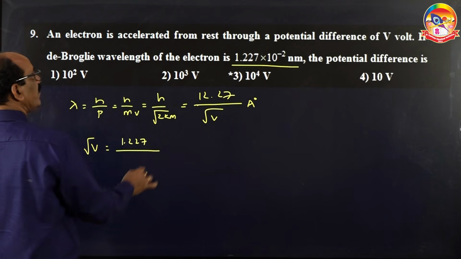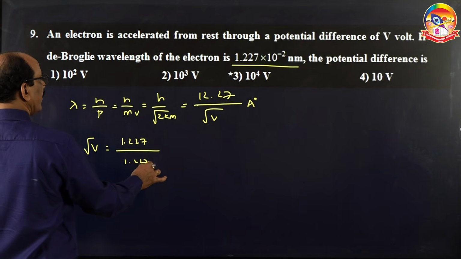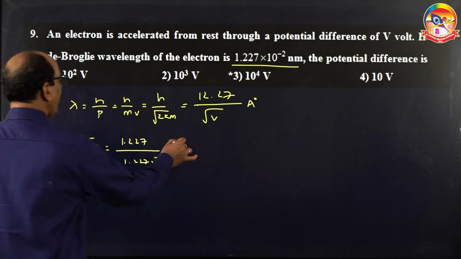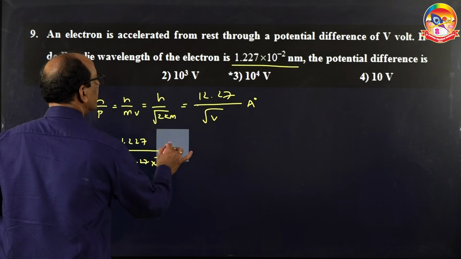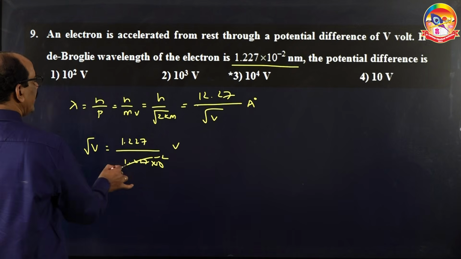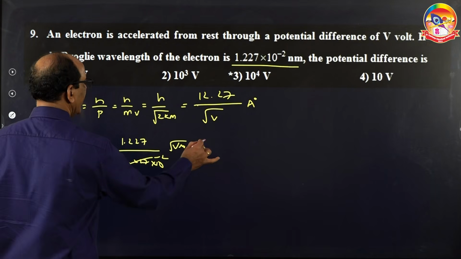by the wavelength, which is given to be 1.227 times 10 power minus 2 nanometer. So we get it in volt. Here it is the square root of volt, I mean to say, because I have already written.